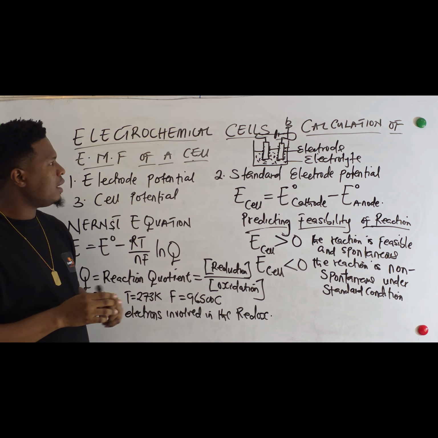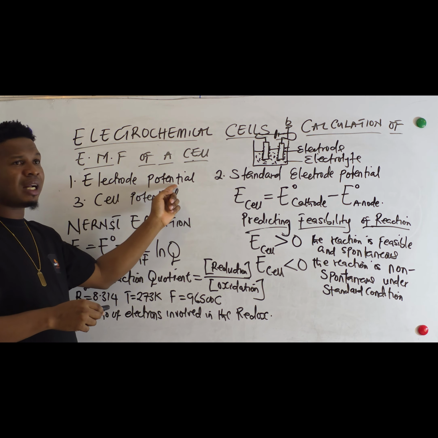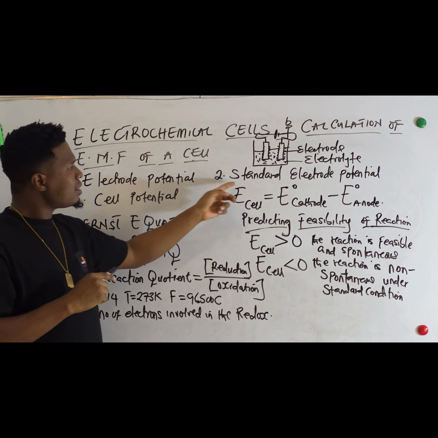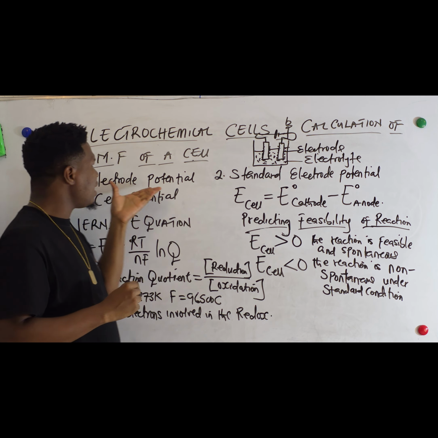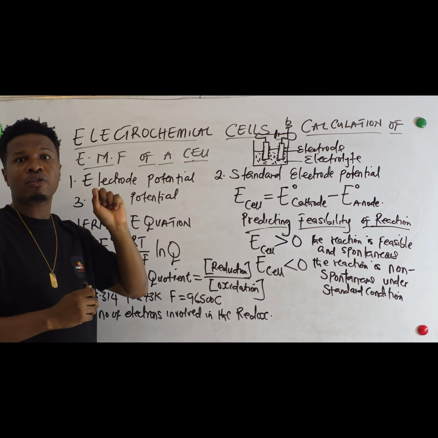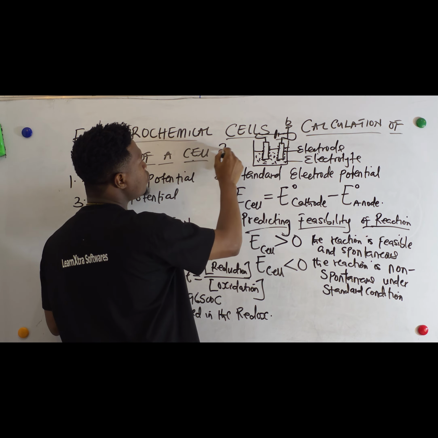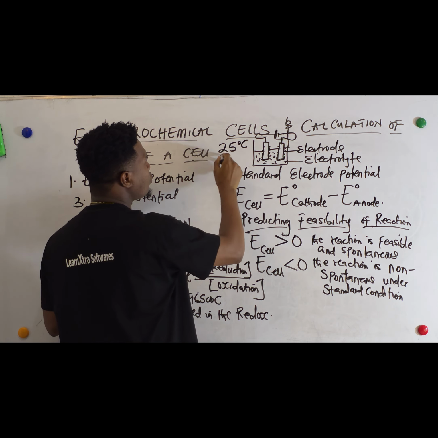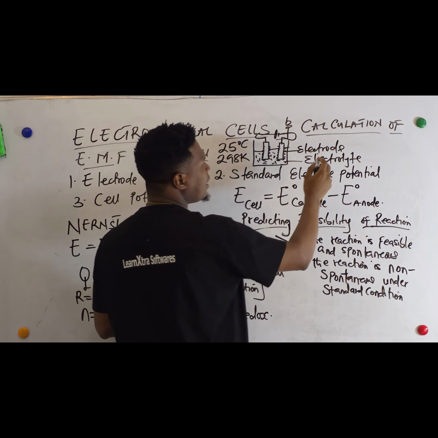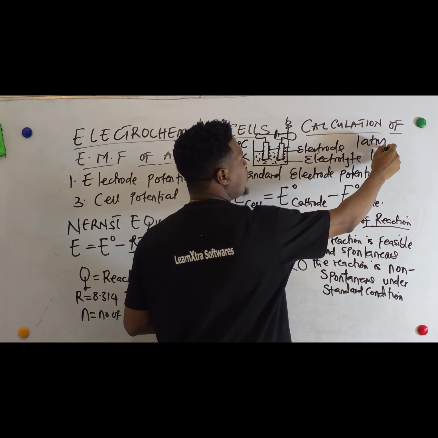Take note of that. Then the standard electrode potential is this same electrode potential developed, but under standard conditions, okay? The standard conditions are a temperature of 25 degrees C or 298 Kelvin, a pressure of 1 atm, and also a 1 molar solution.